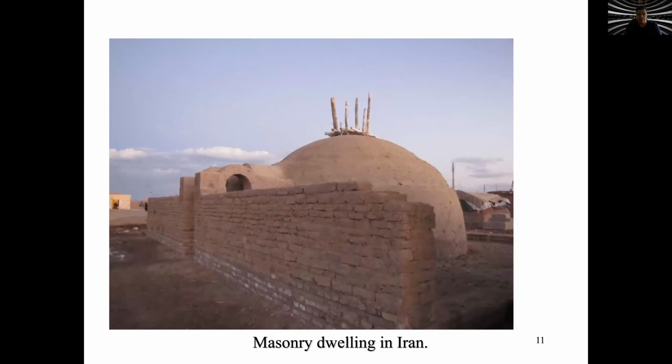In some countries, masonry is used as a material that is not cooked, but the bricks are dried in the sun. It's a kind of traditional construction that is typical in many developing countries.